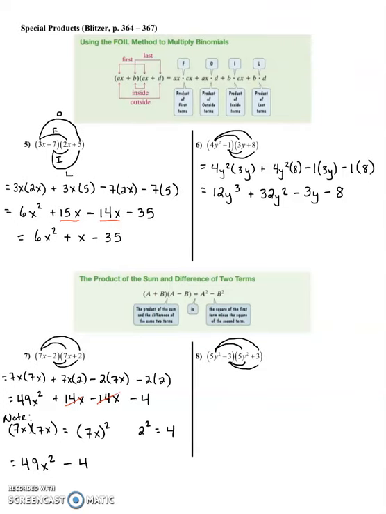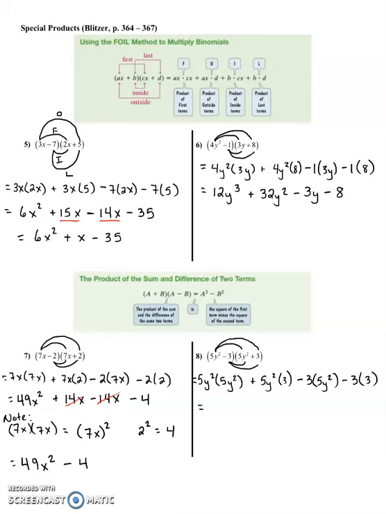So on number 8, we have 5y squared times itself plus 5y squared times 3 minus 3 times 5y squared minus 3 times 3.